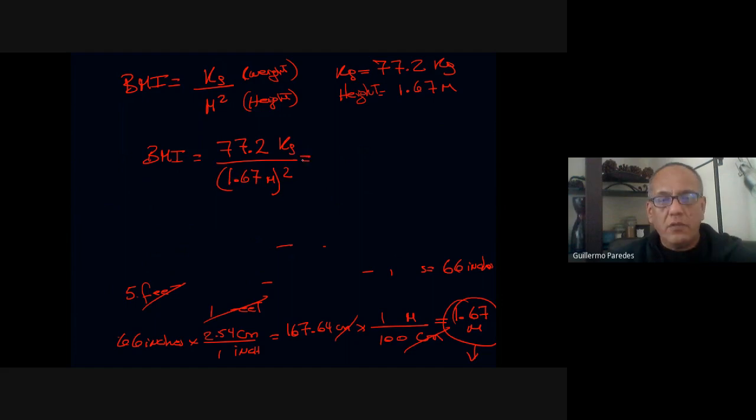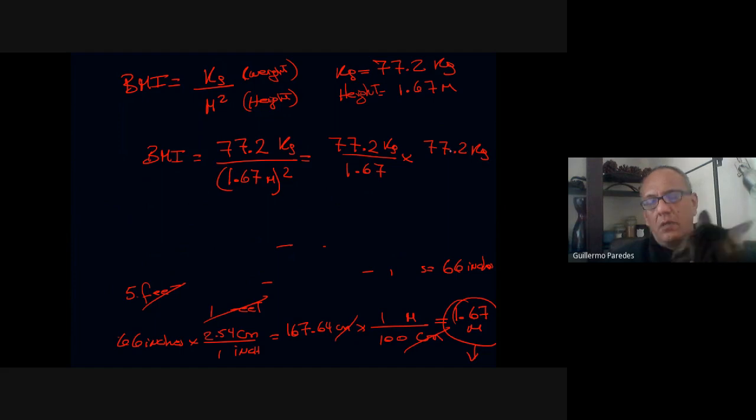So that is the same as saying 77.2 kilograms divided by 1.67 times 1.67, because meter times meter is meter squared.